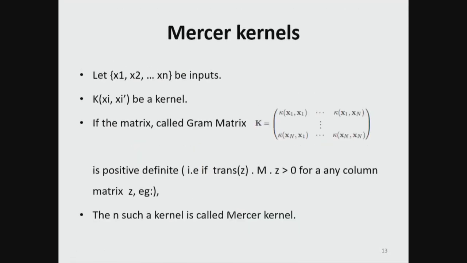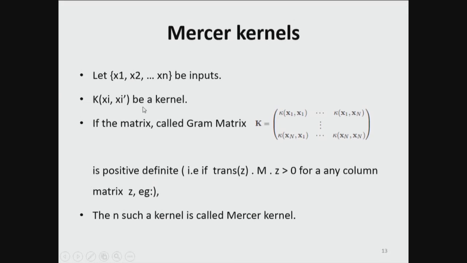We come to the next kernel, which is the Mercer kernel. Suppose there are n input values, let us call them x1, x2, etc., xn. Then from these n inputs, we can construct the kernel.